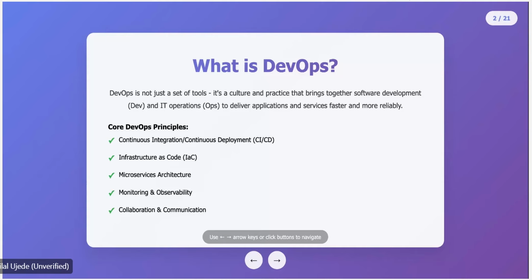So these are the core principles of DevOps, the major responsibilities of DevOps when we are on a project, or developing something with a DevOps perspective.